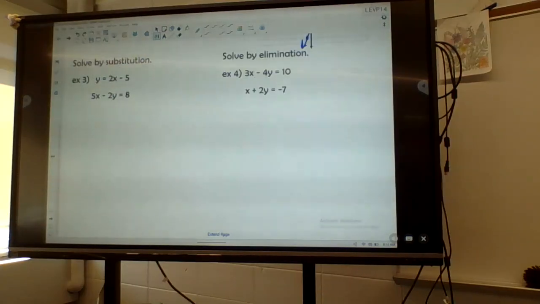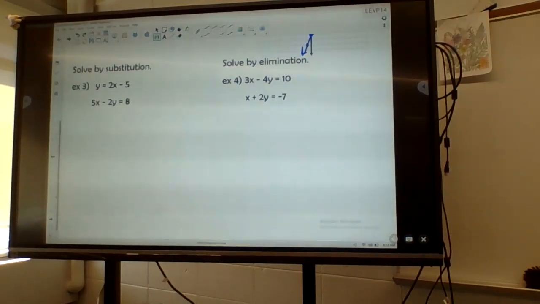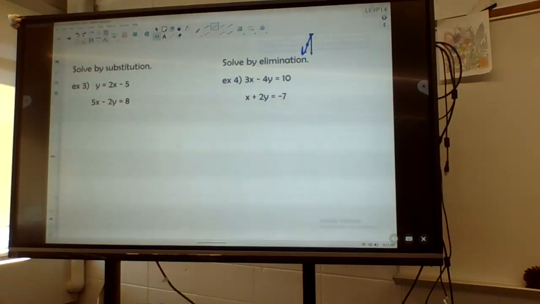So our next one is substitution. And solving by substitution is where we're replacing one variable with the other one. So y equals 2x minus 5. And think about a substitute teacher. They step in, but they don't quite look like the teacher, but they're replacing them. It's going to replace the y with whatever the y equals.